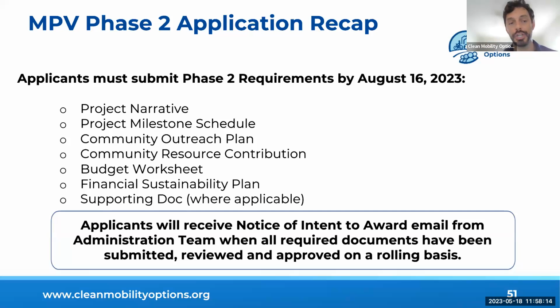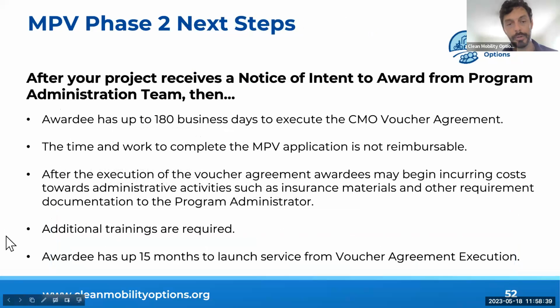That includes the project narrative, project milestone schedule, community outreach plan, budget worksheet, financial sustainability plan, and additional documents, all of which we've covered thoroughly during this webinar. And lastly, phase 2 applicants will receive notice of intent to award in early fall 2023, as we discussed earlier.